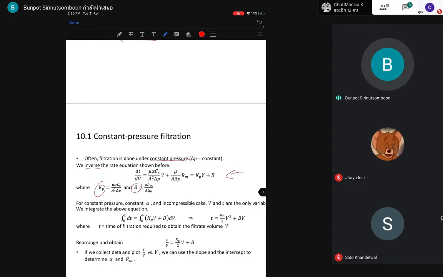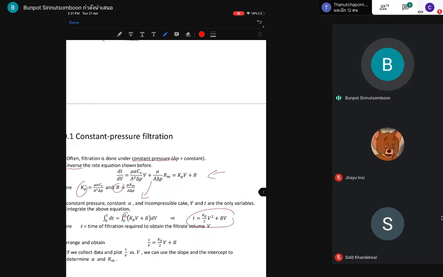From this you can do the integration from time equal to 0 at the beginning to time t, like the end of the process, and from filtrate volume equal to 0 to the final volume of V. So we do the integration here, and then finally we get this equation.